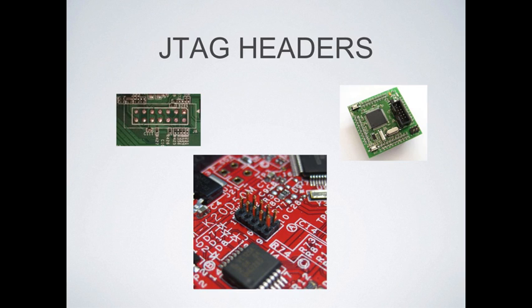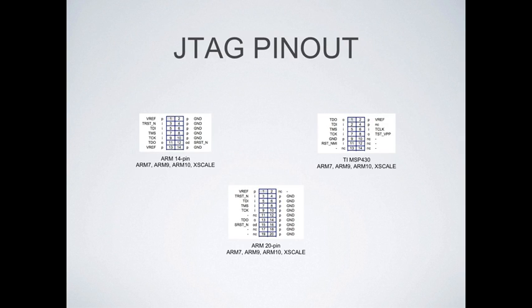Next are the JTAG headers. Where are you going to find them on the board? Usually you'll find them either without pin headers in them, or with pin headers, and then you can attach your probe or your cable with the connector on it. Sometimes, if you don't know where it is, you have to probe it out, like we did with continuity testing in the very beginning. You check where the JTAG pinouts are coming from on your device and correlate that to one of those headers.